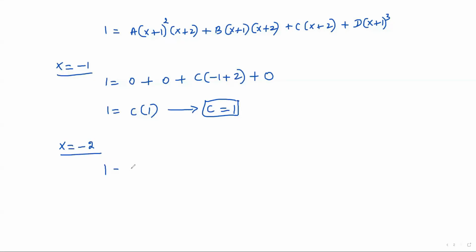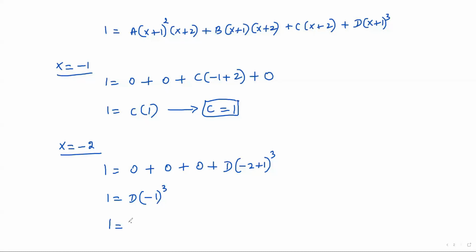So 1 is equal to, so -2 plus 2 will become 0, and 0 multiplied by anything will be 0. The same thing we have for this one, and for this one, and for D, we have D times (-2 plus 1) whole to the third power. So D times (-2 plus 1), which is -1, whole to the third power.